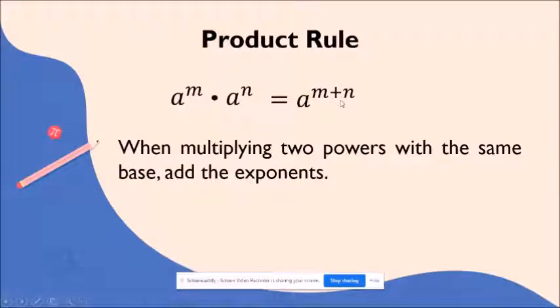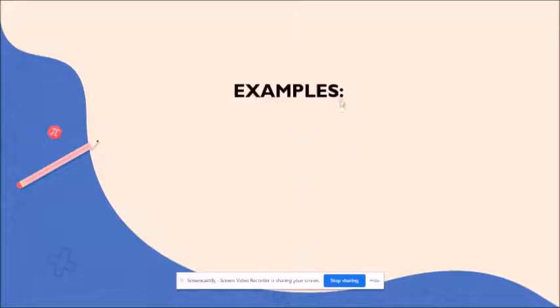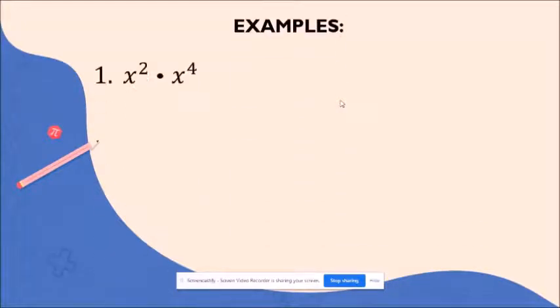Now let's find out through demonstrating examples, okay? For our first example, let's have x squared times x to the power of 4. Now here class, I can only see the variable x.